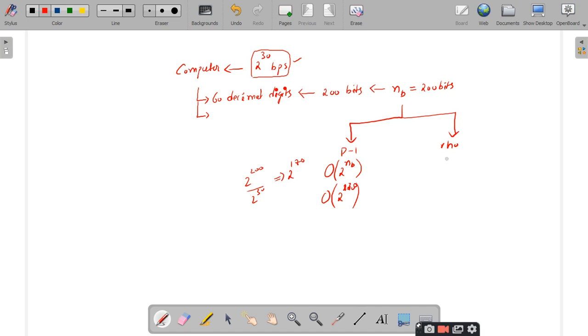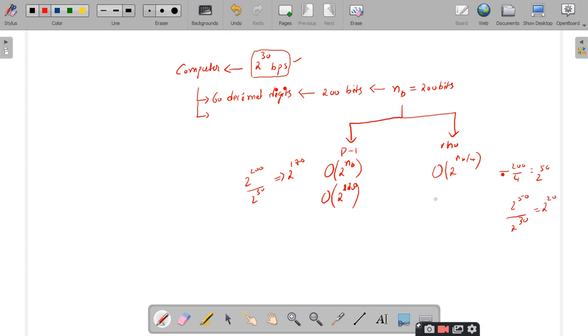And if I take the rho method, the same example, what is the complexity I have? It is 2 power NB by 4, that is 200 by 4, equal to 50. But the computer operates at 2 power 30 bits per second, so the result is 2 power 50 by 2 power 30, which is equal to 2 power 20.